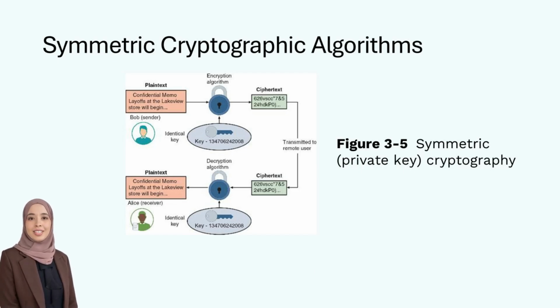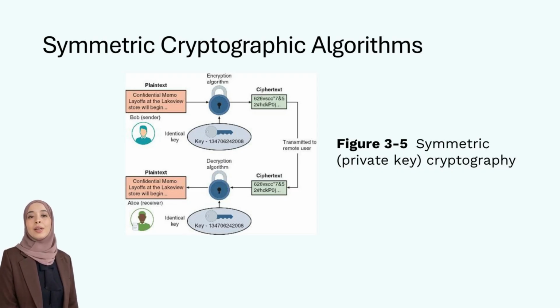Alice uses the same key because it's symmetric. And remember, we said for symmetric cryptography, they both use the same key, okay? So Alice uses the same key and a decryption algorithm to turn the ciphertext back into plain text, so she can read the original message that was sent by Bob.